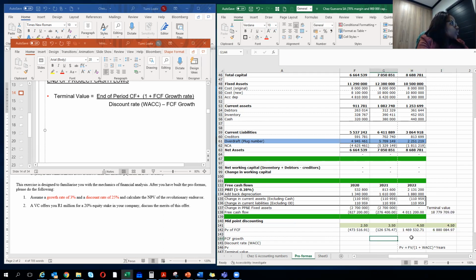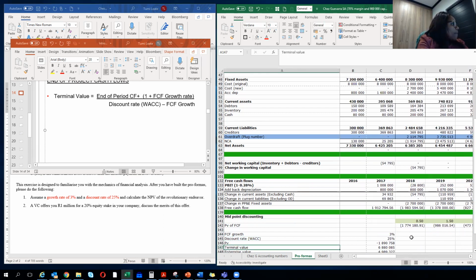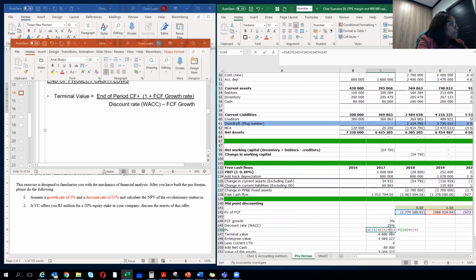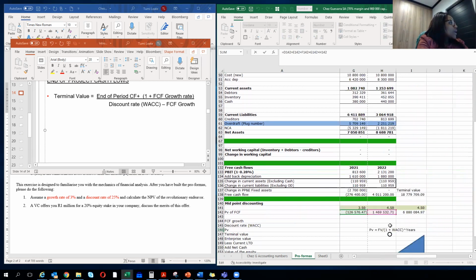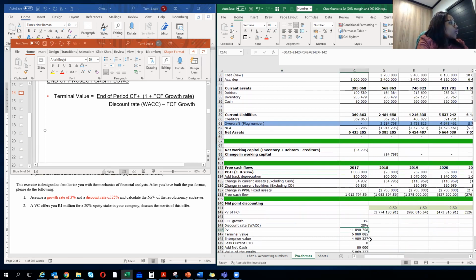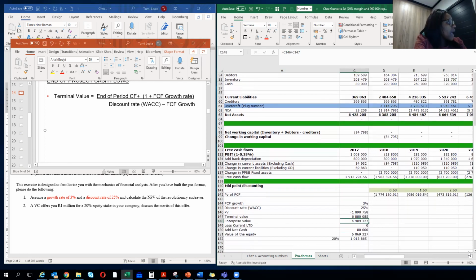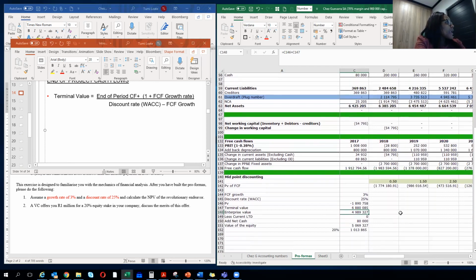Now what you can then do is combine all your PVs, excluding that terminal value, and then include the terminal value. This entire venture, if I add the two, is worth 5 million, so 4.989. That represents my enterprise value, what the firm value is worth.